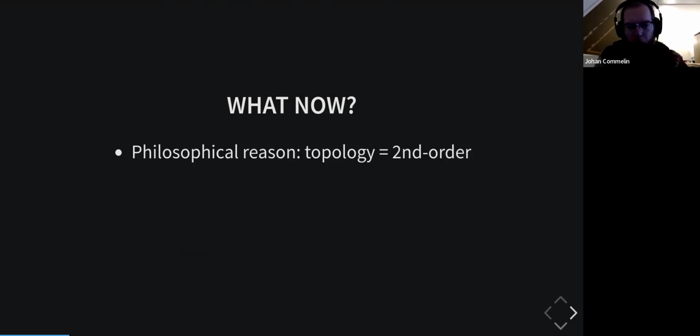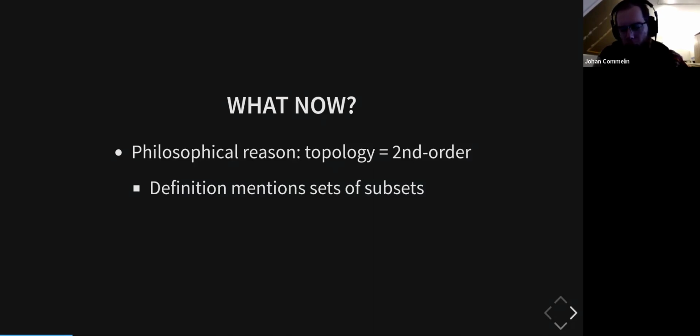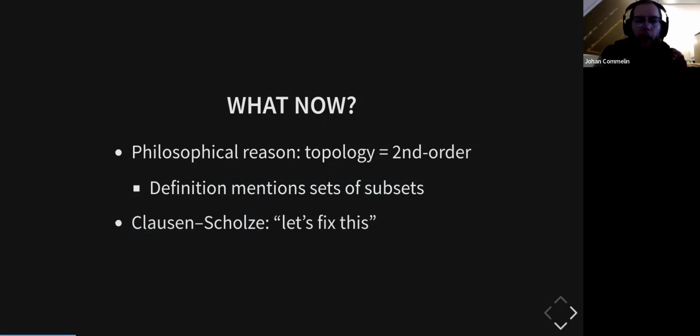Algebra interacts really well with first order concepts, but second order concepts, not so much. So that's somehow a complaint, a constraint or a problem. And so Clausen and Scholze basically decided, well, if the definition of a topological space is the problem, then somehow we should try to fix that.